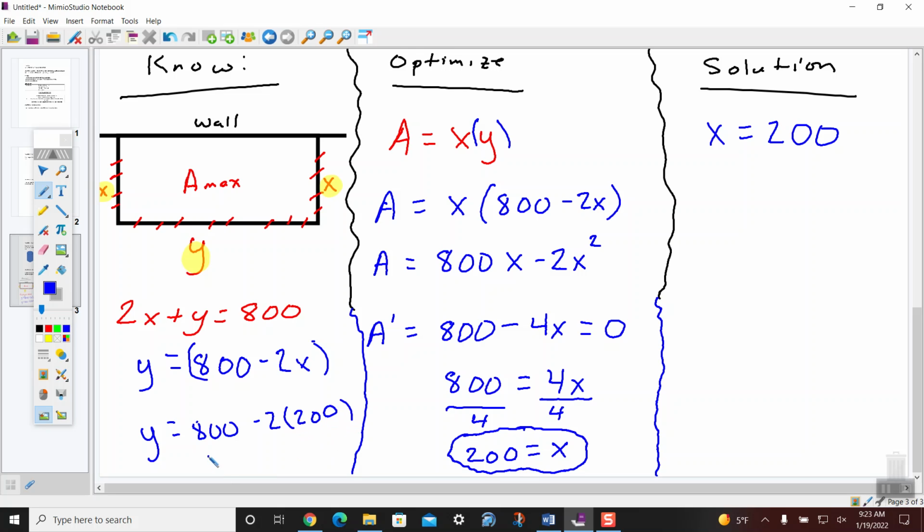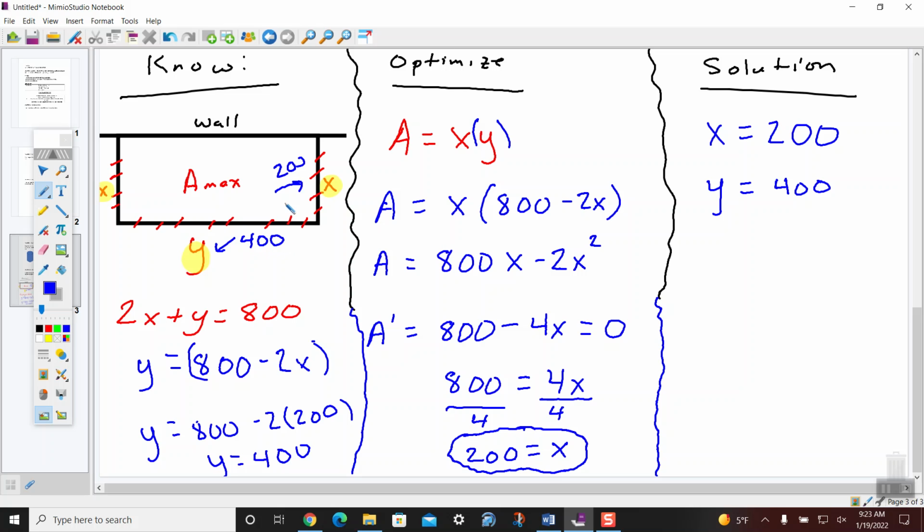What's that going to be? 400. There you go. Now I want you to put a be careful note on example 5. You know that this x value right here is 200, and you know that this y value we just said right here is 400, isn't it?